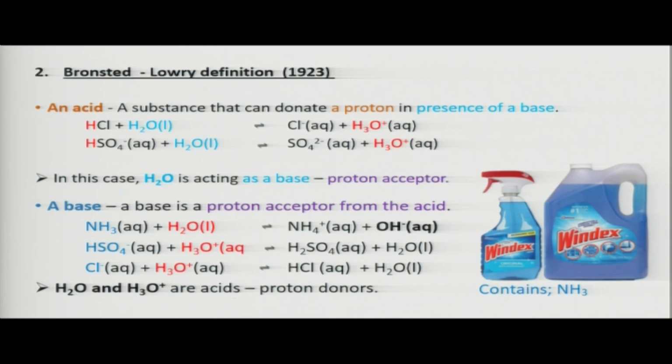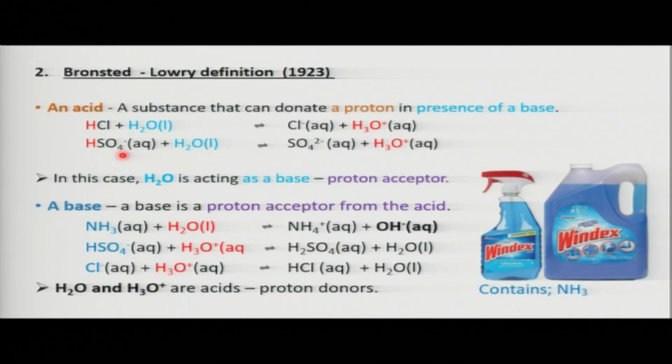They modified Arrhenius' definition by saying an acid should be an acid in the presence of a base, the base to take up the hydrogen ion which has been released. For instance, HCl will be an acid only in the presence of a base, which is water. When you dissolve it in water, it forms the hydronium ion. So in this case, it acts as an acid.